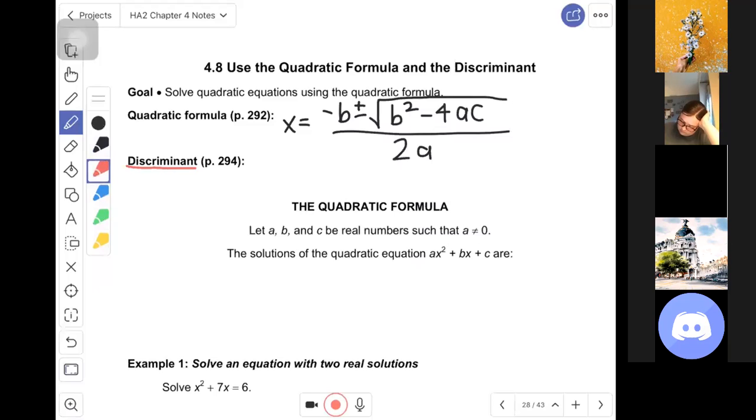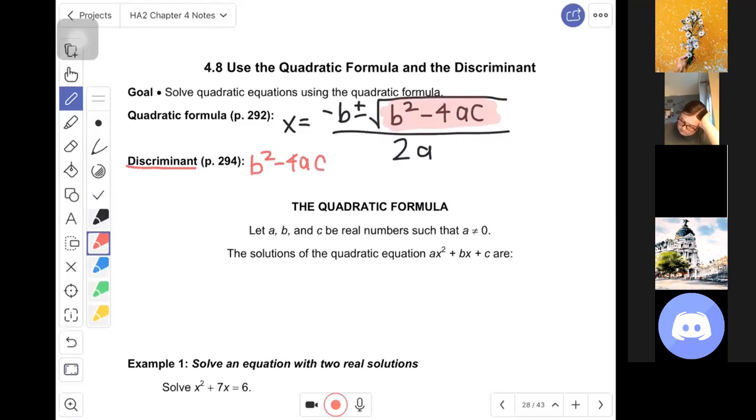That is this part right in here. That b squared minus 4ac. And we'll talk about what solution you get and what that means.